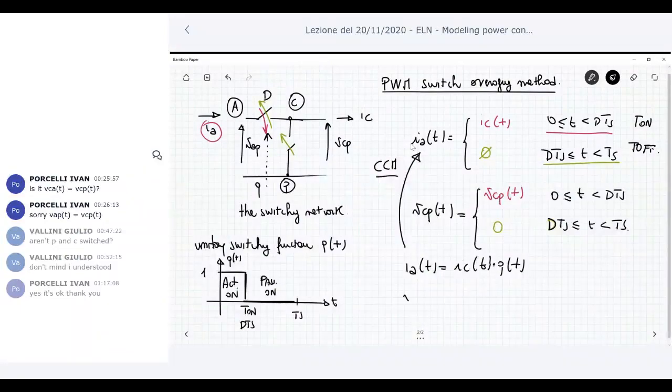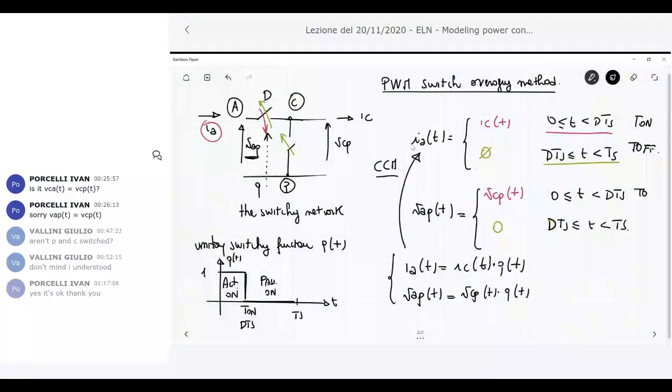Okay? So the same for VCP over T. So we can say that, sorry, this is not VCP, this is VAP. Pay attention, VAP is the voltage here, okay, at the input port. VAP is VCP multiplying Q(t). Okay, so you have these two equations that describe the behavior.